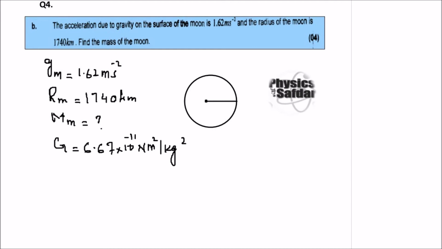Look at this diagram. This is the radius of the moon and the gravitational field strength on the surface of the moon is Gm, and we need to calculate its mass.